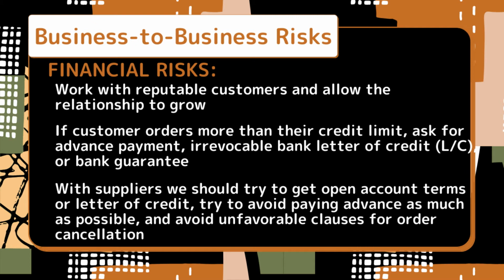If some customer orders more than their credit limit, ask for an advance payment or irrevocable bank letter of credit (LC), or provide bank guarantees valid for a long period of time covering the value of the order. The decision to override the credit limit must be done systematically with involvement of top management. The payment performance of customers must be monitored, and if we find someone delaying payment regularly, then appropriate corrective action must be taken.